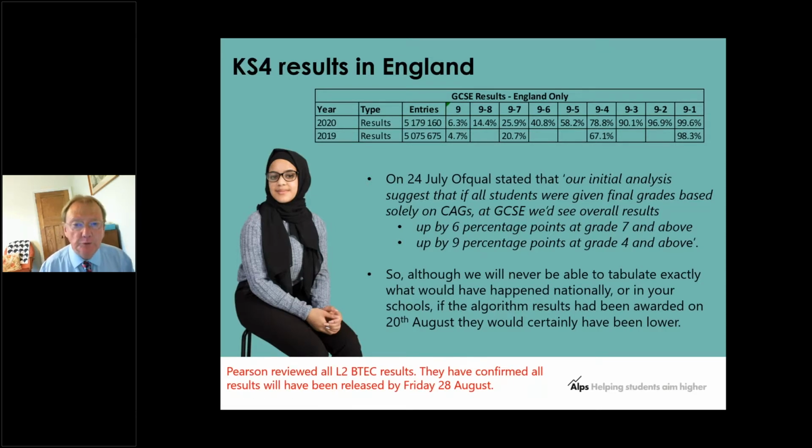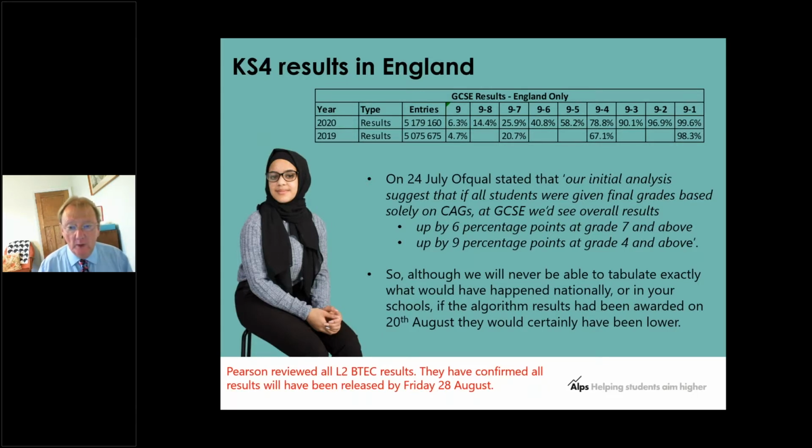You might be wondering about the gaps in the table. That's because the JCQ only published tabulated figures at 7+, 9, 4+, and 1+ in 2019. However, you can definitely see that awarding the CAGs did lead to the inflated results that possibly Ofqual had been for perhaps too long resisting.